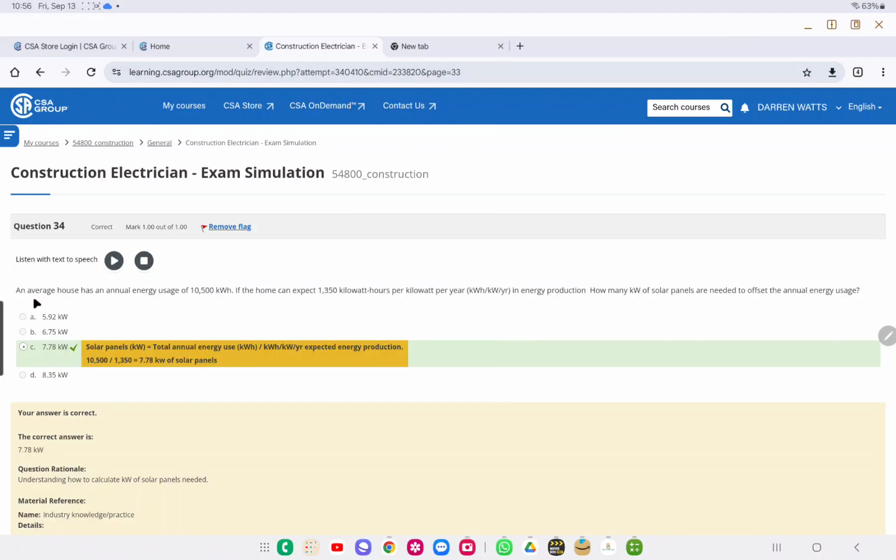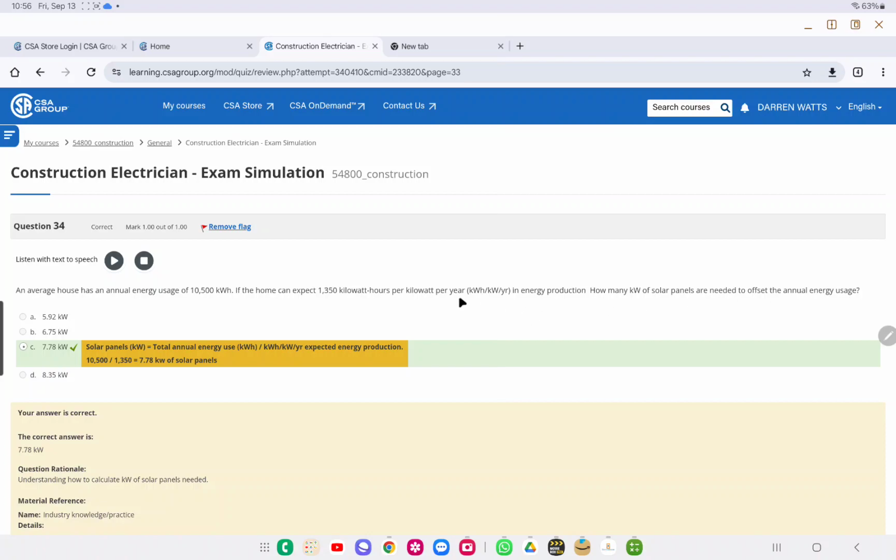Okay, so for this question, an average house has an annual energy usage of 10,500 kilowatt hours. If the home can expect 1,350 kilowatt hours per kilowatt per year in energy production, how many kilowatts of solar panels are needed to offset the annual energy usage?